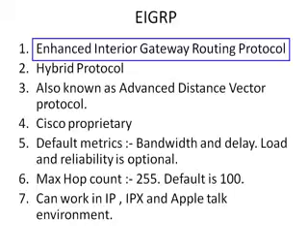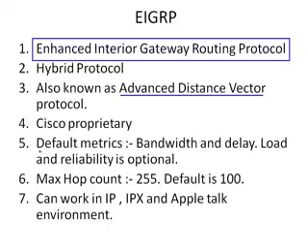Third point, it's also known as an advanced distance vector protocol. It was initially Cisco proprietary, but nowadays it has become an open protocol, which means you can configure EIGRP on Cisco as well as Juniper or any other brand of router for routing purposes.